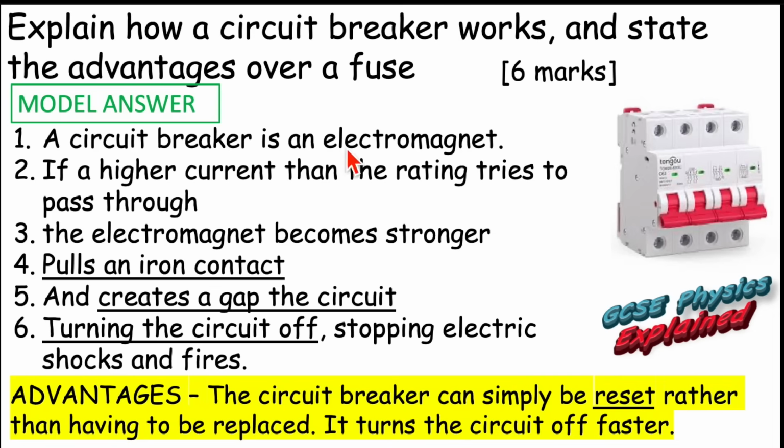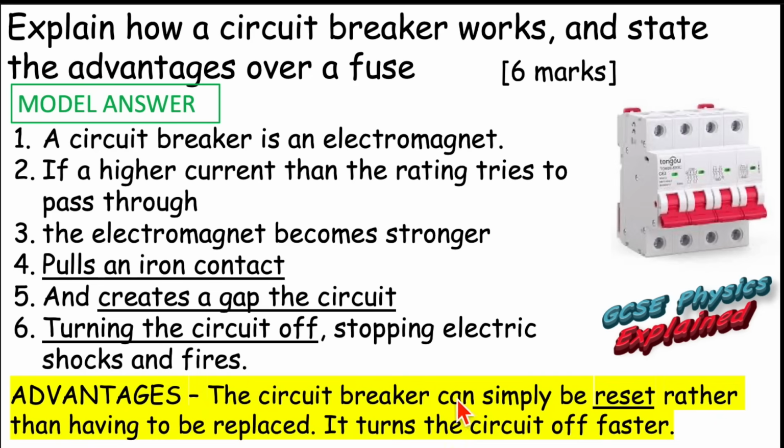So a circuit breaker is an electromagnet. If a higher current than the rating tries to pass through, the electromagnet becomes stronger. It pulls on an iron contact. That creates a gap in the circuit, and it turns the circuit off, stopping the electric shocks and possibility of fires.